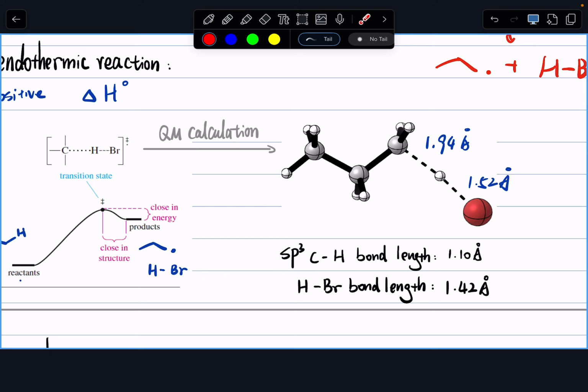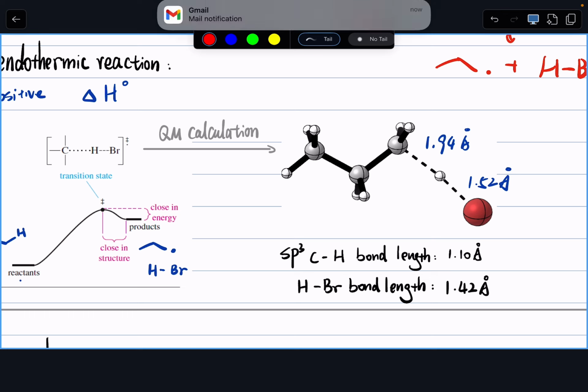In comparison, the CH bond length in the original reactant is 1.110 Angstrom, and the HBr bond length in the product is 1.42 Angstrom. Comparing the relative changes of your CH bond and your HBr bond, it's safe to claim that indeed our transition state is a later transition state that resembles the structure of the product.